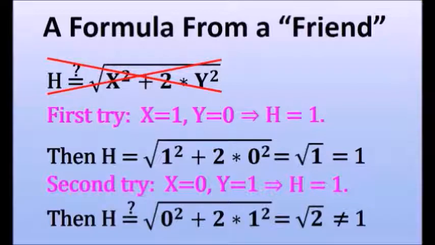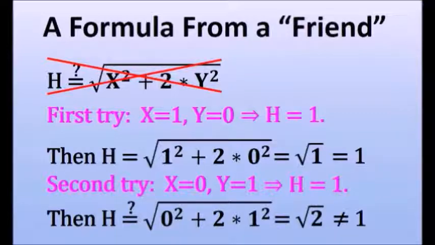But it's also possible to see that your friend is wrong for another reason. We have just learned that the horizontal distance that we call x and the vertical distance that we call y should be treated the same way in our equation. Is that happening here? We see that both x and y are getting squared, so that's the same. But we see that y squared is getting multiplied by 2, while x squared isn't.